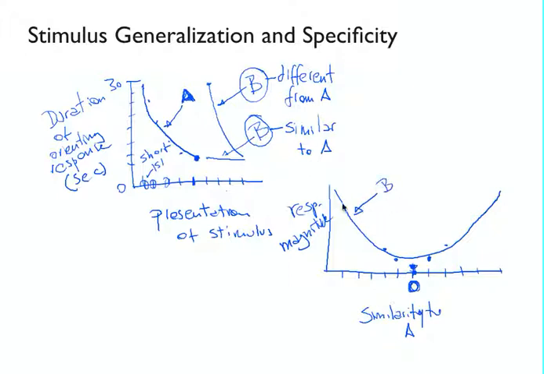The more similar stimulus B is to A, we see less responding, and the more dissimilar it is, we'll see more responding. And this is what we would call a generalization gradient.